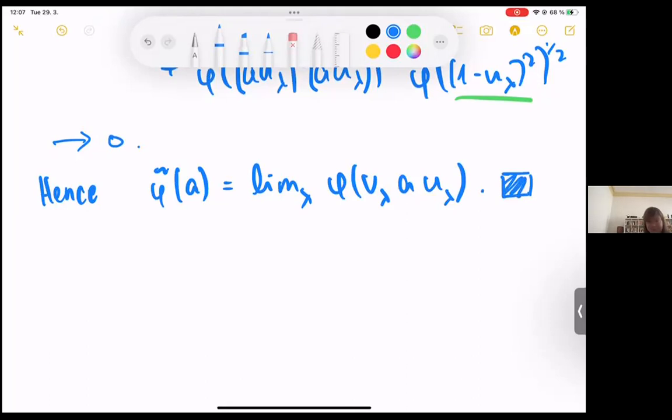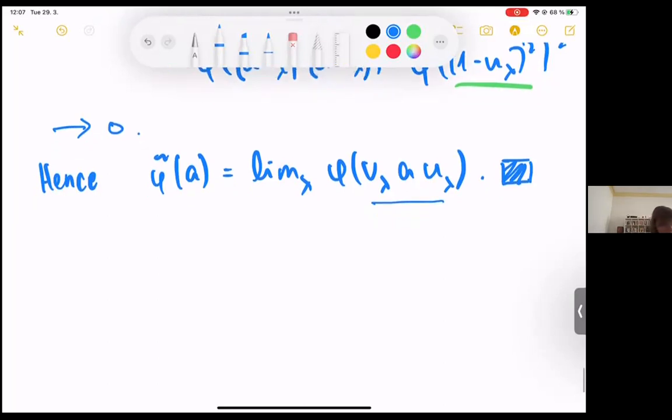So I guess I should also make sure that it's clear why this is actually in B for every A in A, I hope. And that's because this is a hereditary subalgebra.